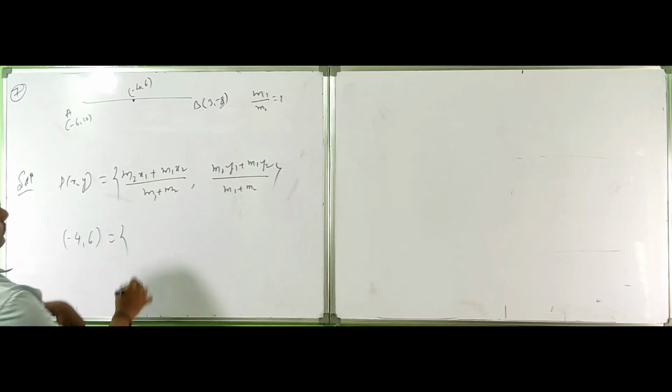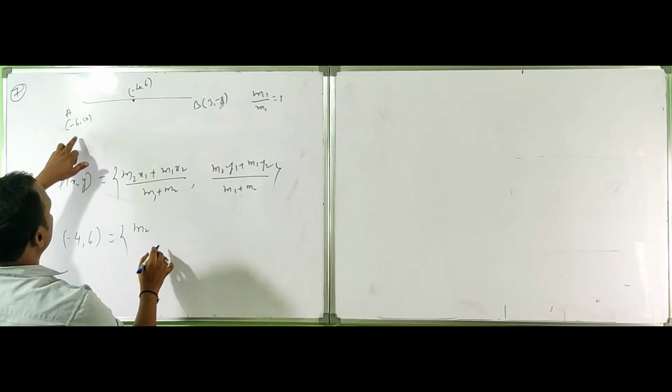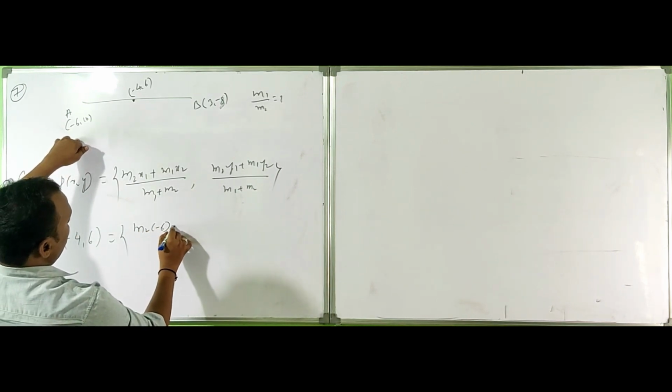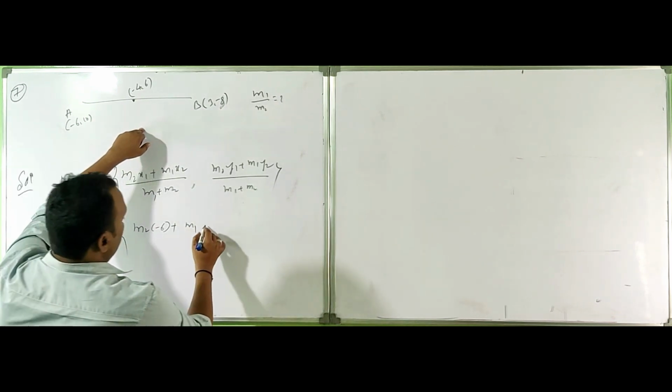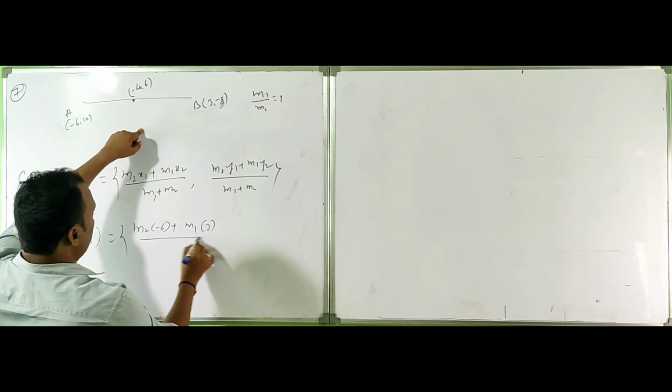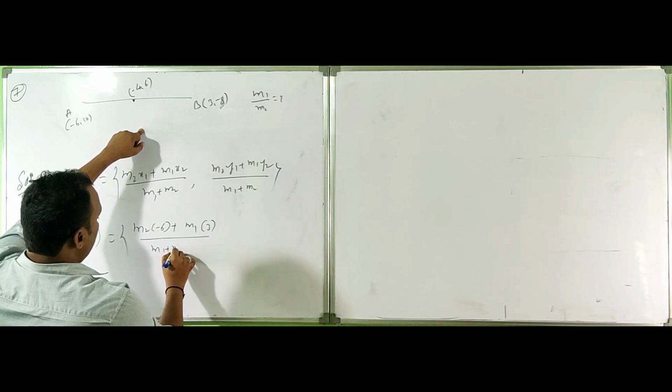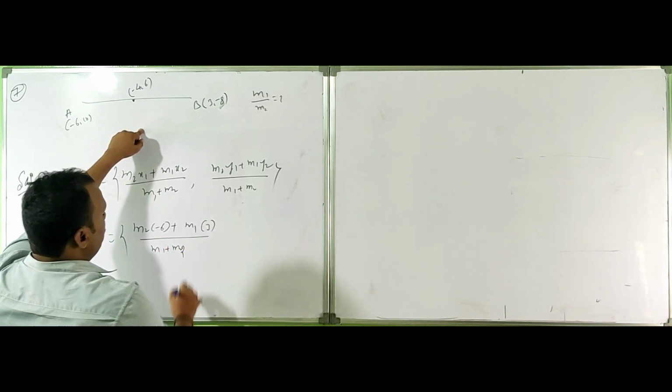Put the value: m2 is m2, x1 is -6, plus m1 is m1, x2 is 3, divided by m1 plus m2. Putting the values is very important.